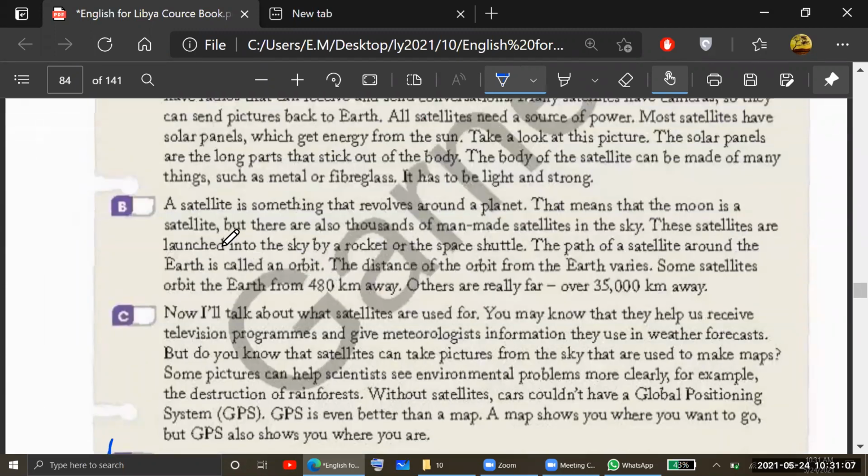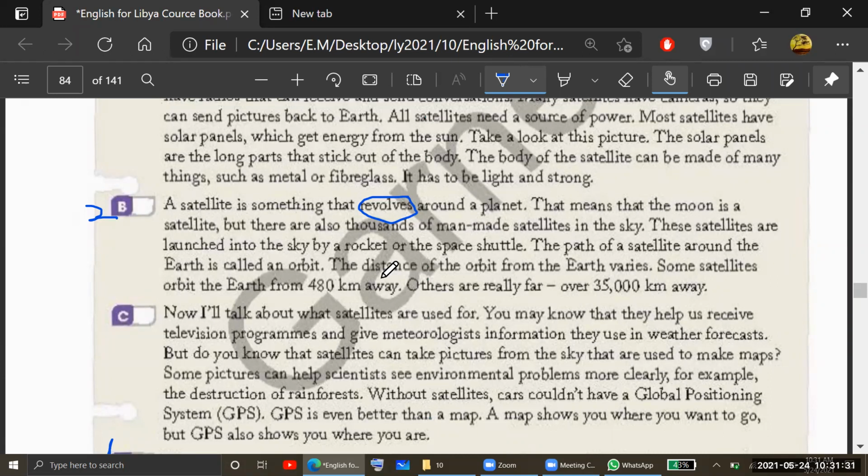Some people are saying B is number two. Okay, B. أحسنتي يا بشرى. A satellite is something that revolves, يدور, around a planet, that means that the moon is a satellite.